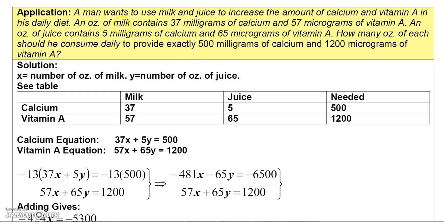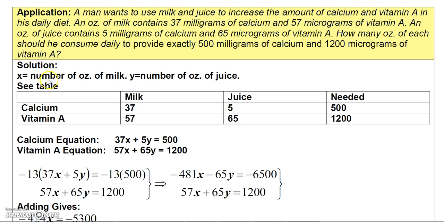Here a man wants to use milk and juice to increase the amount of calcium and vitamin A in his diet. An ounce of milk contains 37 milligrams of calcium and 57 micrograms of vitamin A. An ounce of juice contains 5 milligrams of calcium and 65 micrograms of vitamin A. How many ounces of each should he consume daily to provide exactly 500 milligrams of calcium and 1200 micrograms of vitamin A?